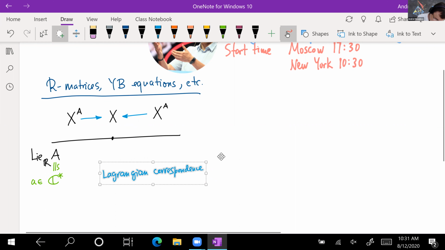Let me not try to draw something very high dimensional. So let me draw still a 2-dimensional picture, but let's go away a little bit from the A-type root system. It doesn't have to do anything with roots.